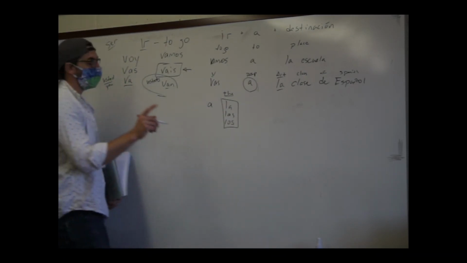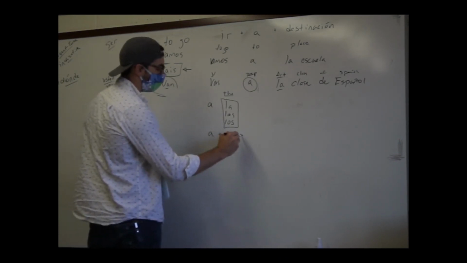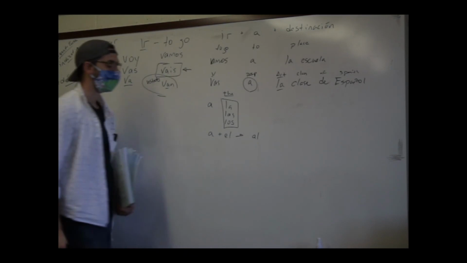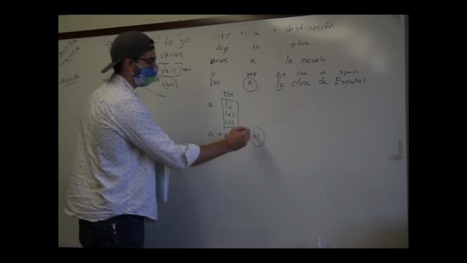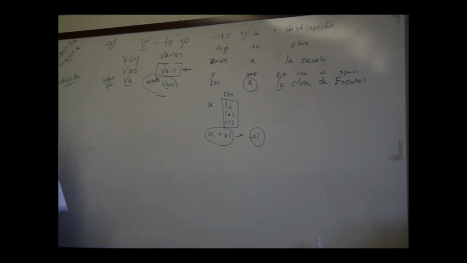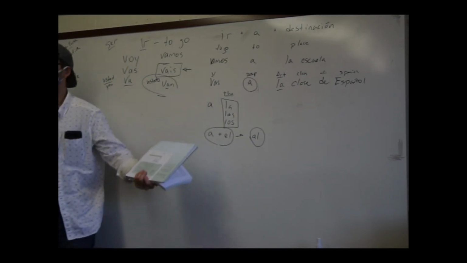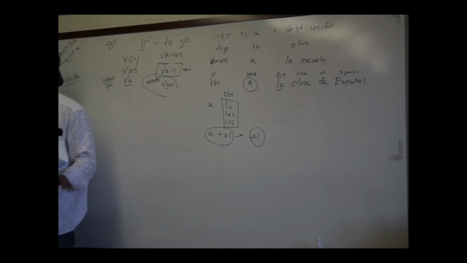But if the word comes before el, then you add it together to equal al. So when you see al, it means a plus el. So to the, but it's one word. But it only does that. It only makes one word with the word el, not with the other words. All right. So make sure you write that down.